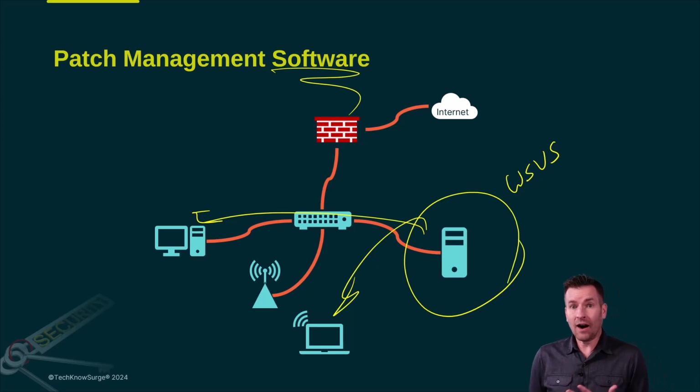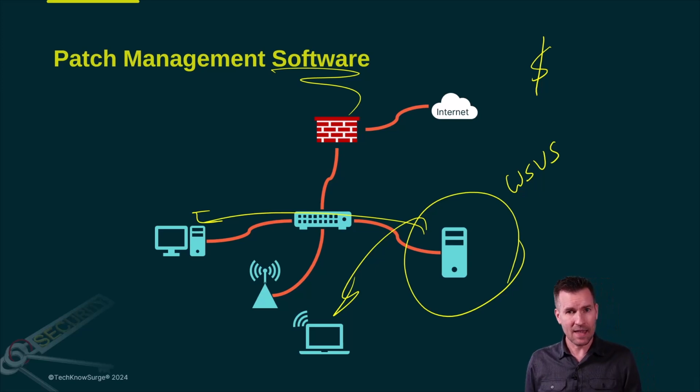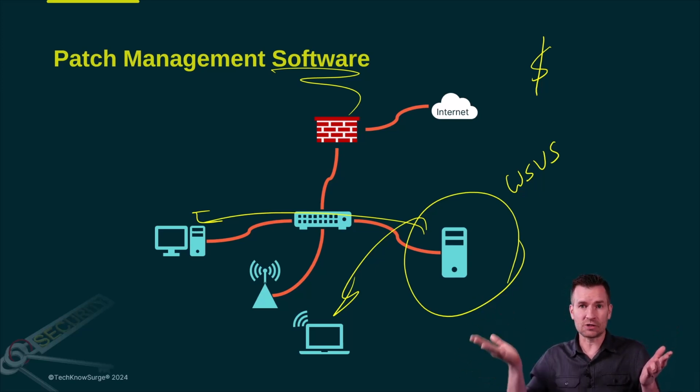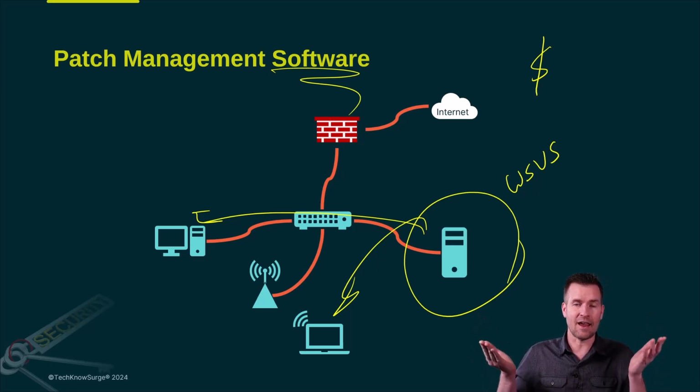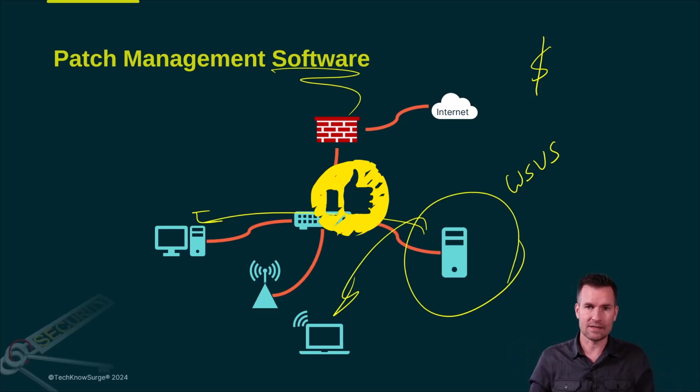Now, there is better software out there that can help you roll this out even faster. It does cost some money, and I do find that some deployment services actually take a lot of time to manage. So you're going to have to balance out the pros and cons of managing these extra services and these extra servers, and the time that you're actually going to save by faster rollout times of hardware or software or these different patches.